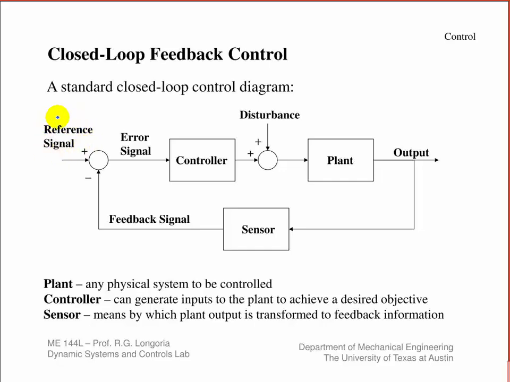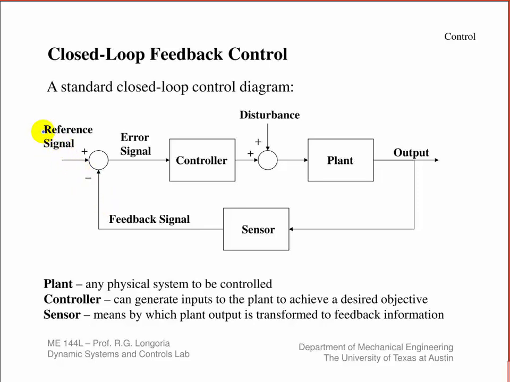So the reference is your desired positions, right? So there might be a motion plan of how you want to position that needle. This could be a speed input, it could be temperature, depending on what kind of control system you have. This block again is a summer, so the difference between the reference and the feedback signal. Remember, these have to have consistent units, right?